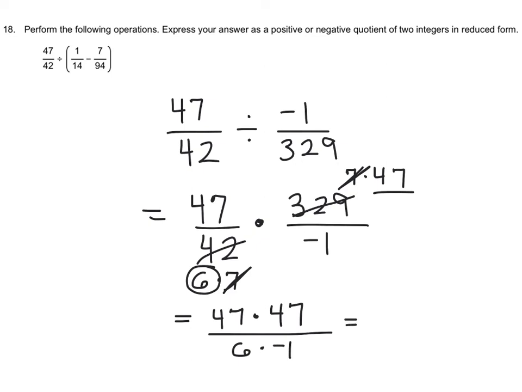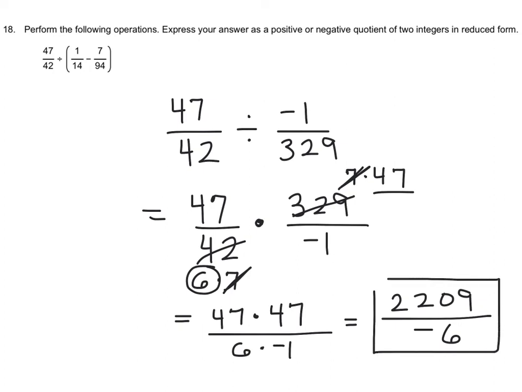And then if I go ahead and multiply 47 times 47, I get 2,209. And then on the bottom, 6 times negative 1 is a negative 6. So my final reduced answer is 2,209 divided by negative 6.